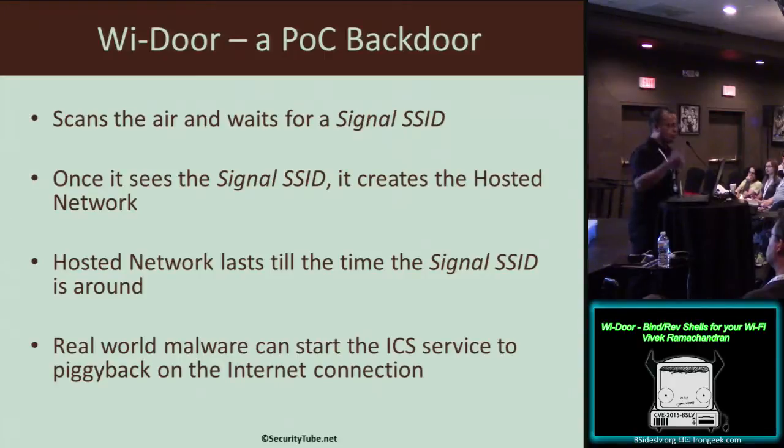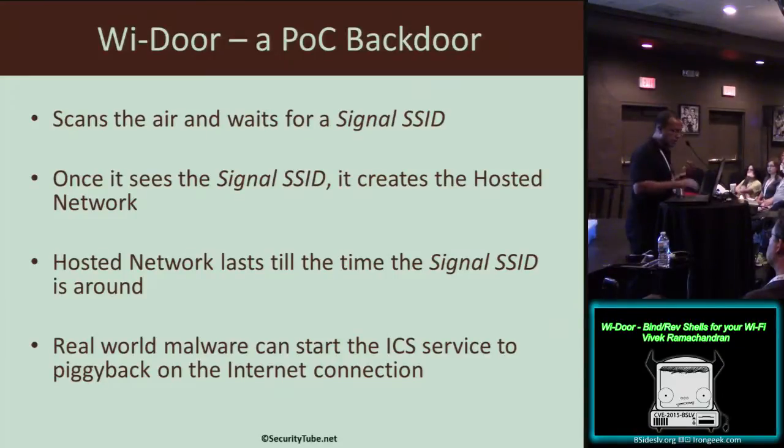The moment WhyDoor sees that this signal SSID is available in the vicinity, it automatically starts the hosted network, and the hosted network keeps running as long as the signal SSID is around. Once the attacker connects, tunnels his traffic, does something else, and then decides to bring down his signal SSID, WhyDoor automatically shuts down the wireless backdoor.